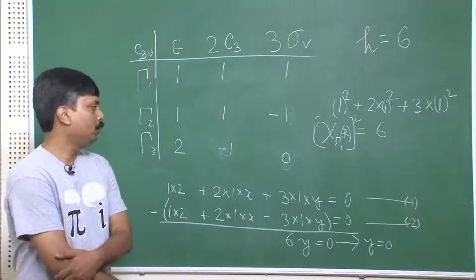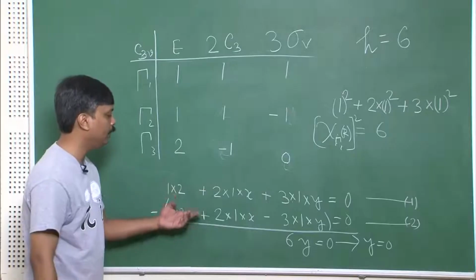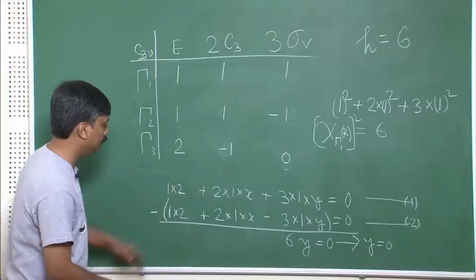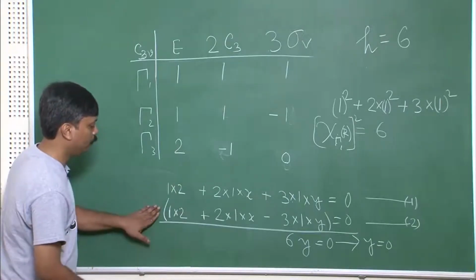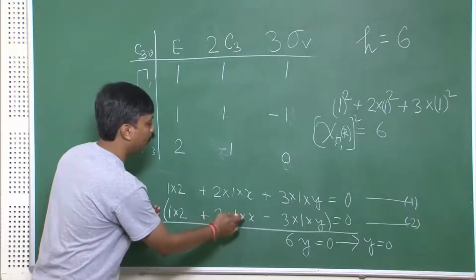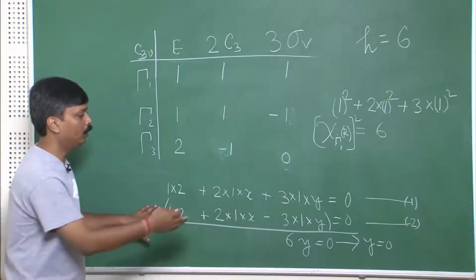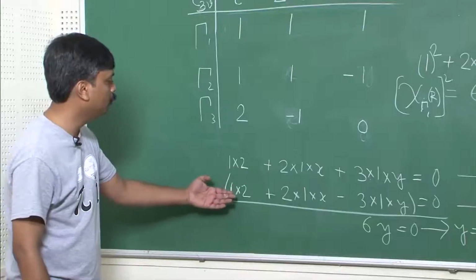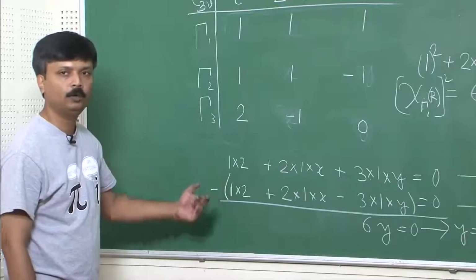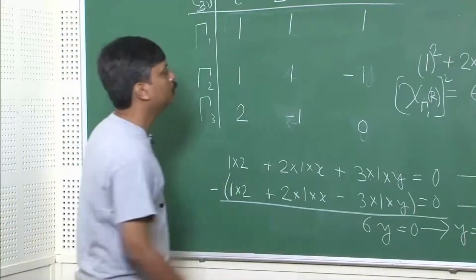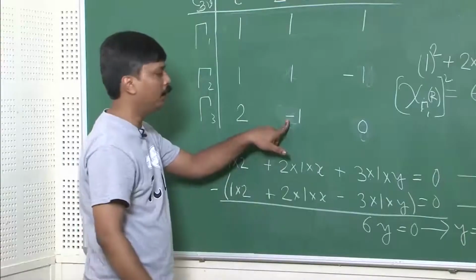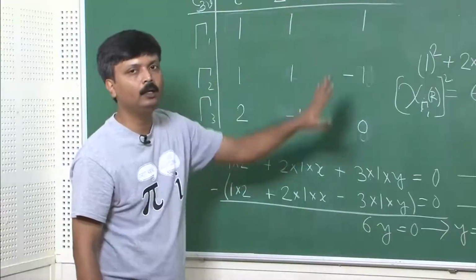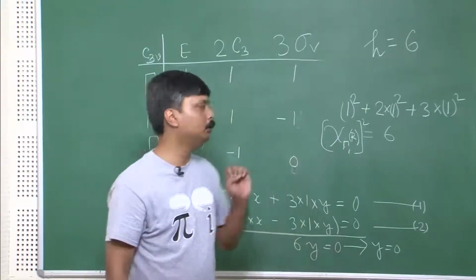You can also verify by adding these two equations: forget about the minus sign, you will get 4x equals, sorry, 4x equals minus 4. So x equals minus 1, correct. So here we can put minus 1, and thereby I get all three irreducible representations.